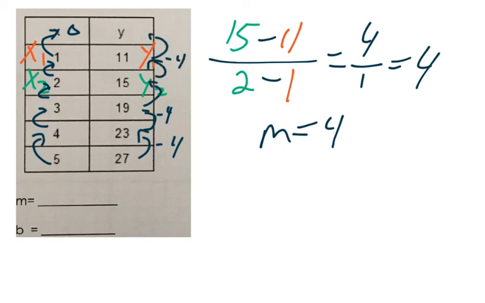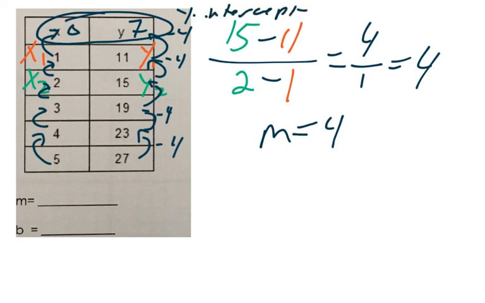So if we do 11 minus 4, we get 7. And so now we are at the point where our y-intercept is 0, 7. So we got our equation y equals 4x plus 7.